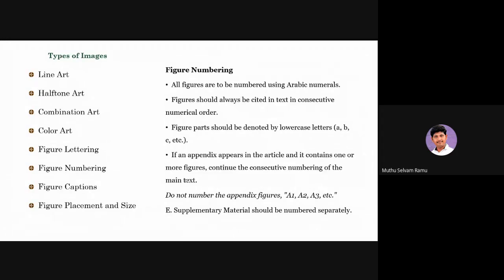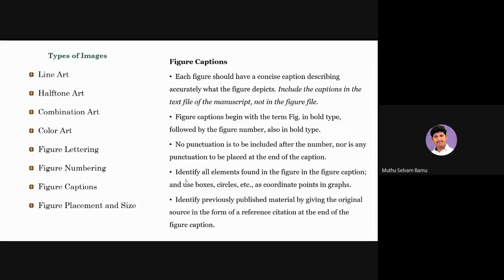Figures and tables, these display items, should be cited in the text once or twice. At least once you have to cite it in the text, or otherwise there is no logic in making the figure. The figure should explain something related to the text you have mentioned in the manuscript. So be clear about the numbering and the usage of alphabets.